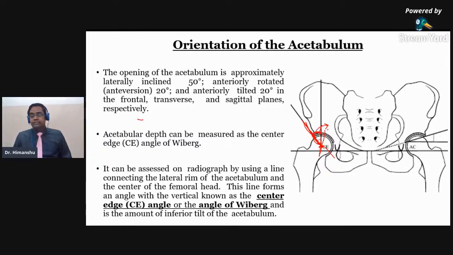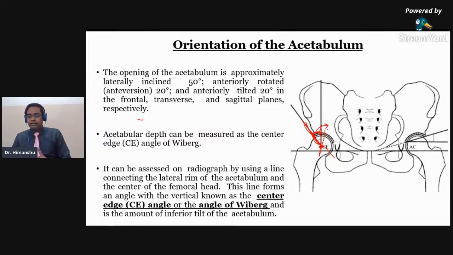This angle between the two lines is the angle of Weber, and we see how efficiently the head of the femur can get fitted into the acetabulum in the frontal plane. Here this picture is a frontal picture, so you are easily able to visualize the joint in the frontal plane.